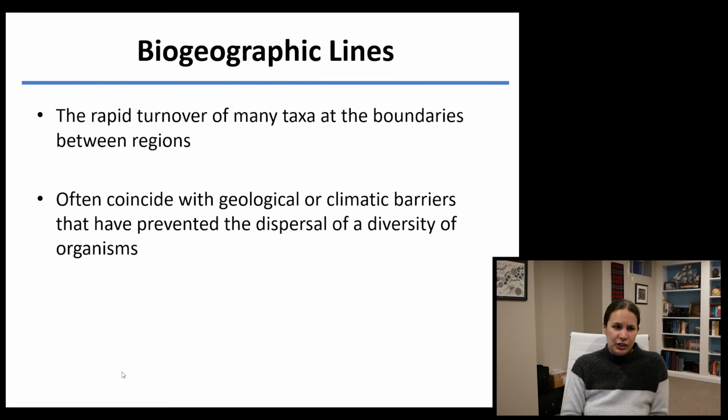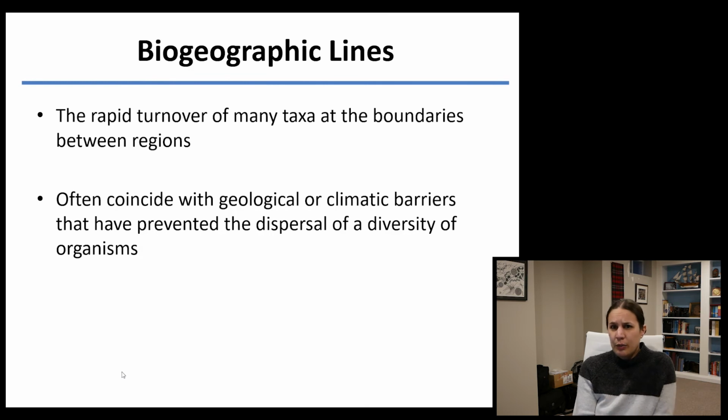So we have our biogeographic regions, and the boundaries between these different regions we call biogeographic lines. These are areas where we have rapid turnover of many different taxa at the boundaries between our biogeographic regions. And these boundaries often coincide with geological barriers or climatic barriers.